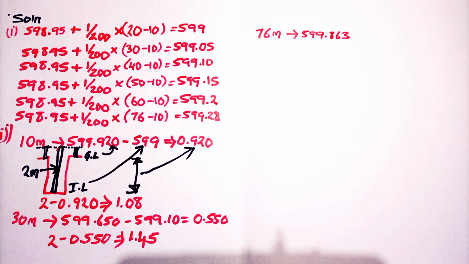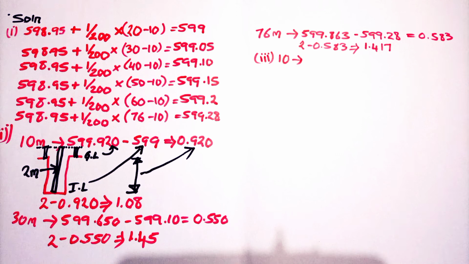We do the same for the last, the 76 meter: the difference in the ground level and the invert level, then subtract the boning rod, and that gives us the height of the site rail.